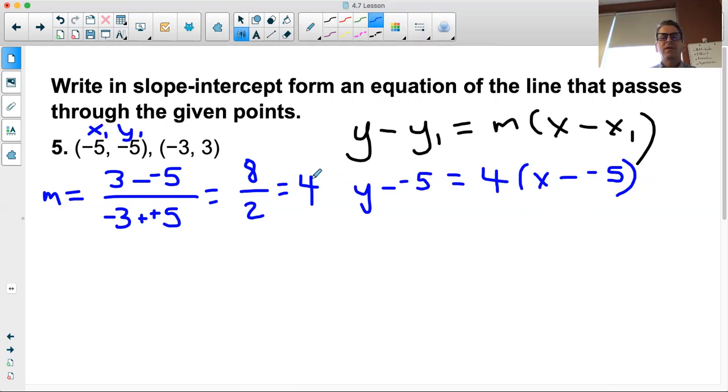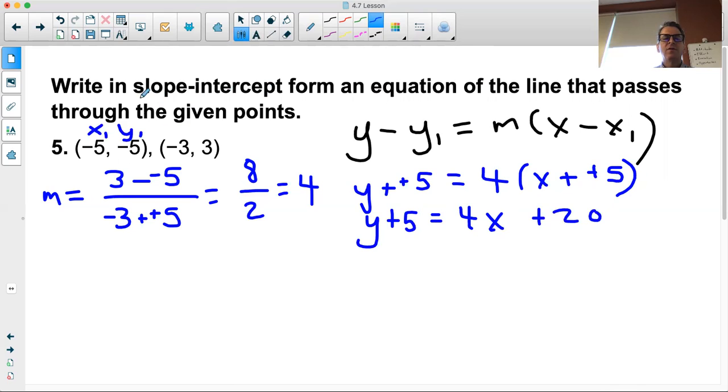What that enables us to do now is to convert it to slope-intercept. This is subtracting a negative, which means we're going to add a positive to this, and add a positive to that. So we have y plus 5 is equal to 4x plus 4 times 5, which is 20.